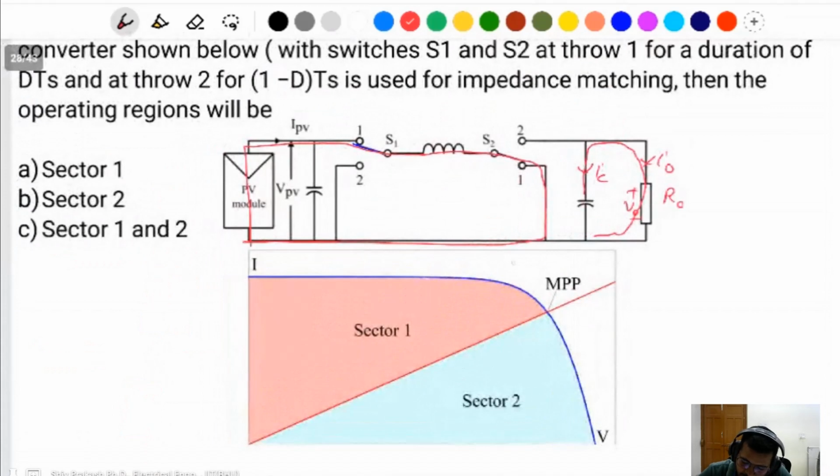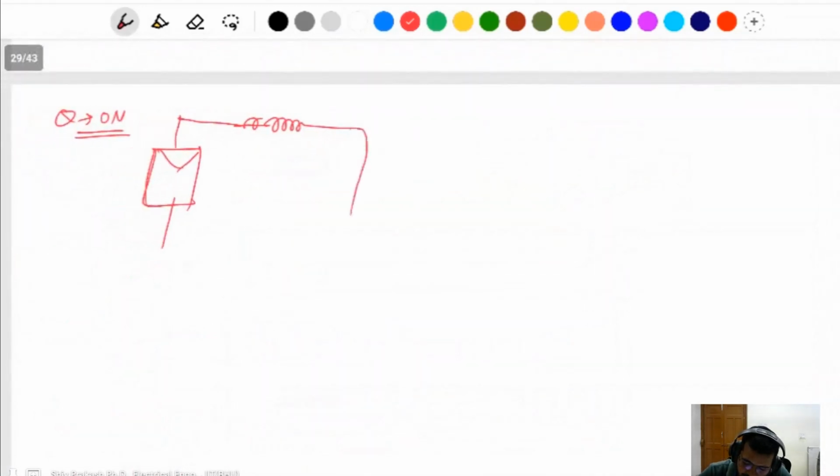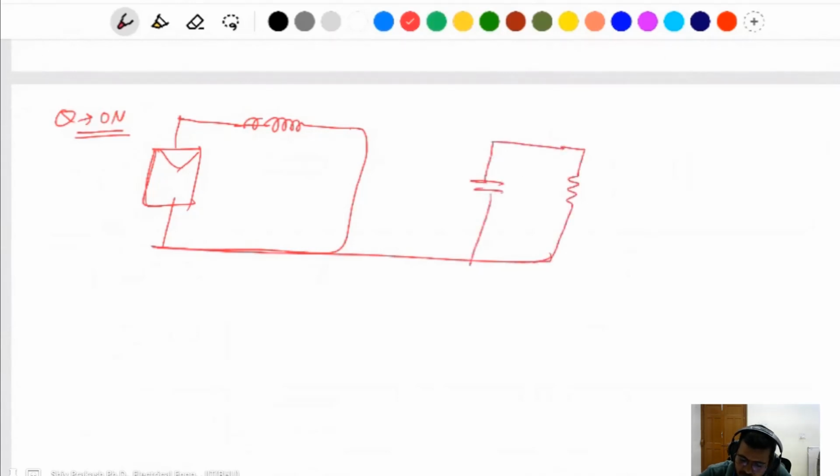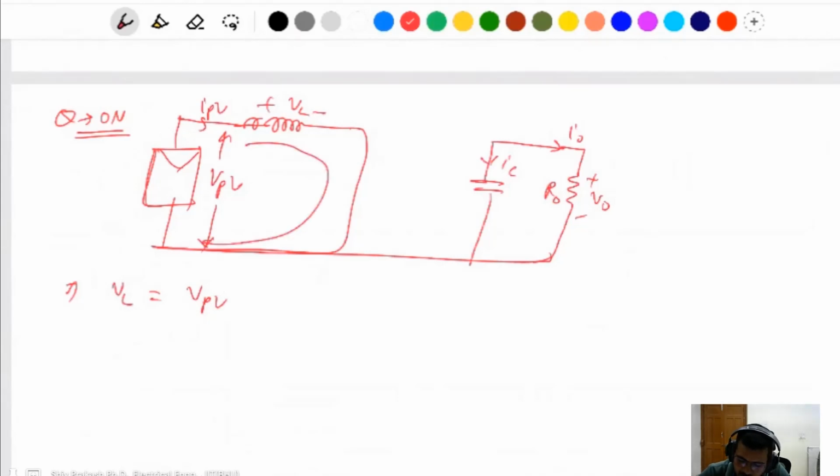The inductor will connect directly like that, and the capacitor will connect through the resistance, V naught, I naught into IC. This will be VPV, IPV. Then what is the VL? VL is equal to VPV. Apply KVL here, only this one connected.